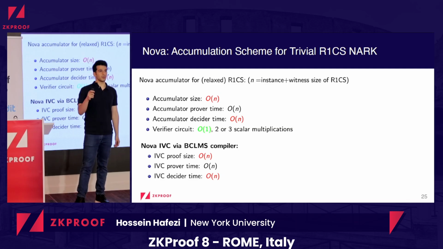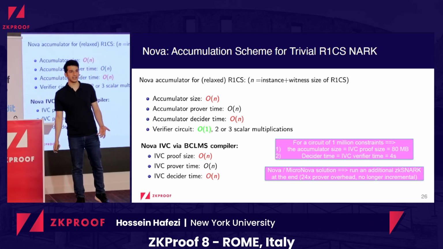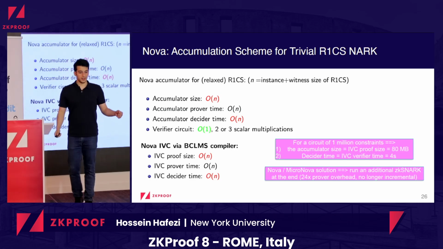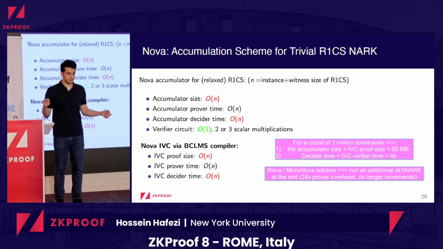If you want to know what this linearity really means in practice, if your step function f is just 1 million constraints, which is not even a lot, the IVC proof size, which is the accumulator size, is going to be 80 megabytes. And the IVC verifier time, which is the decider time, is going to be 4 seconds. That was 4 seconds on my laptop.